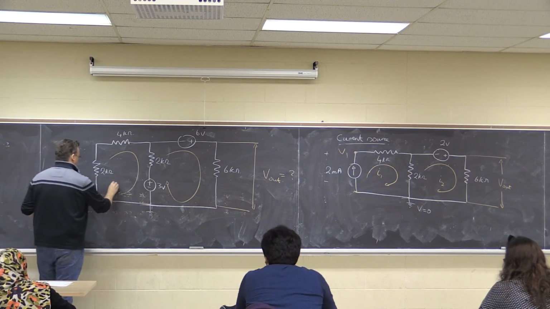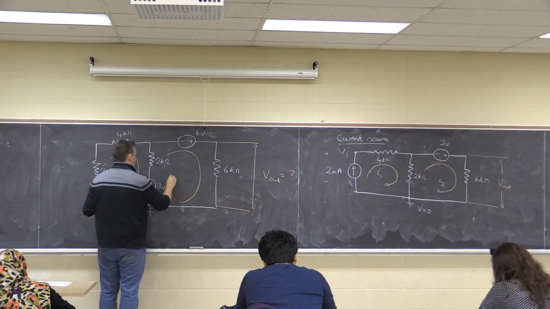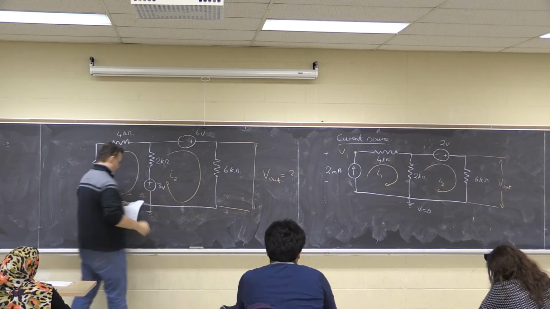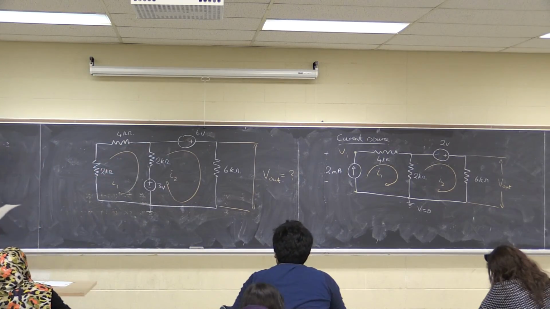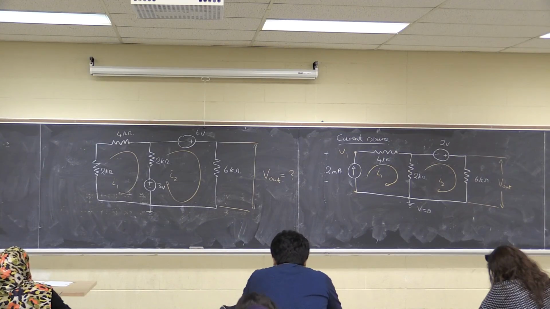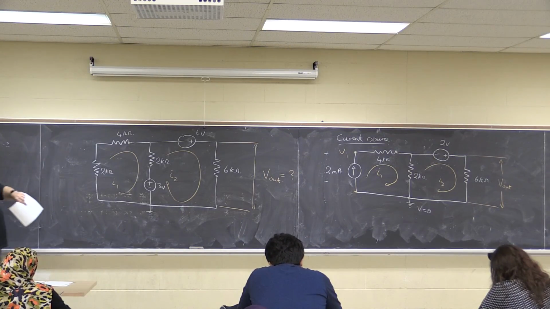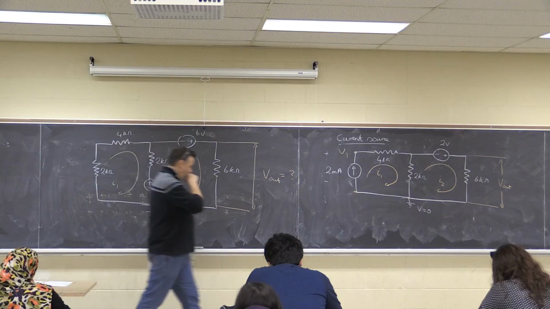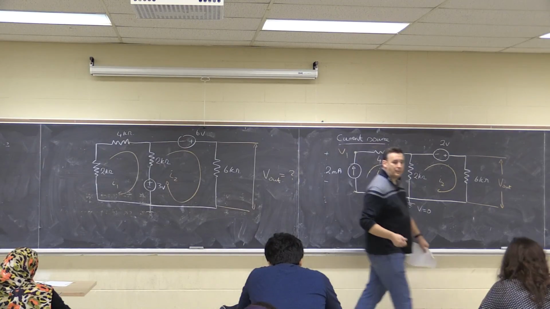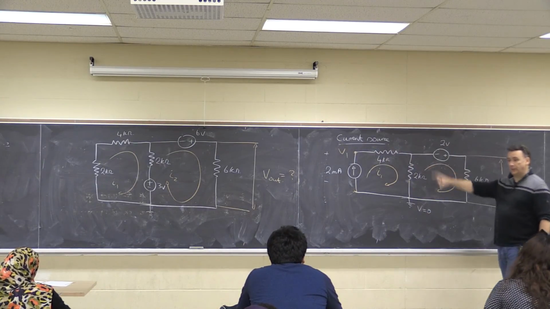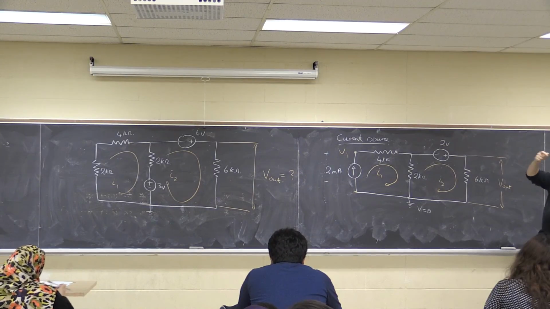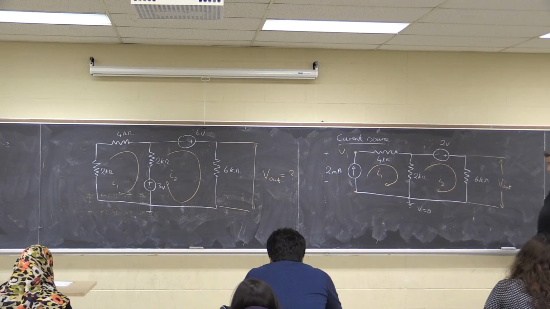We'll call this I subscript 1, this I subscript 2. I'll leave that for you to think about before Wednesday. Can you write down the two equations for loop 1 and loop 2, and hence work out what V out is?